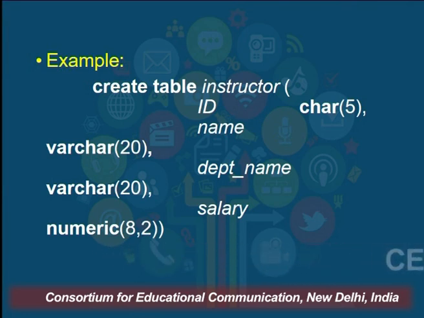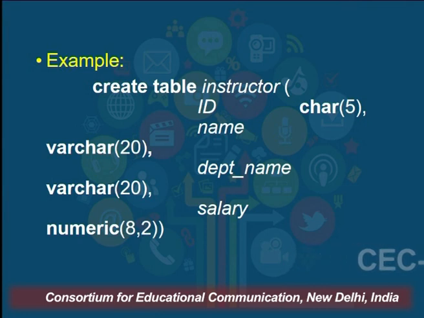Then there is name, which intuitively is the name of the instructor, and varchar(20) has been assigned as the domain. Then it has department name, again varchar, and then salary, which is a numeric figure. The total number of digits is 8, with 2 digits allowed after the decimal point, and then there is the closing parenthesis.